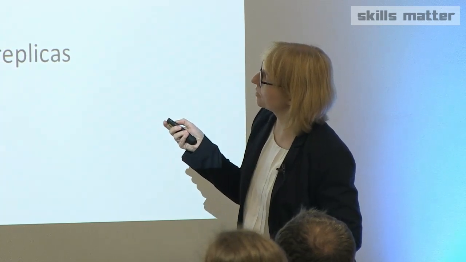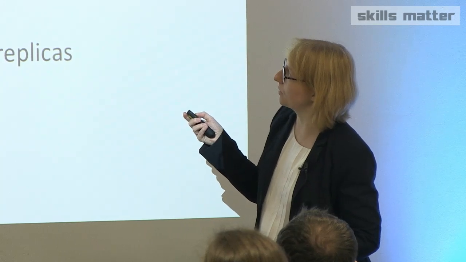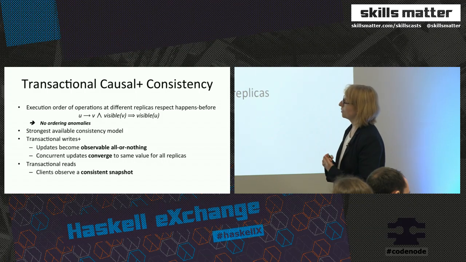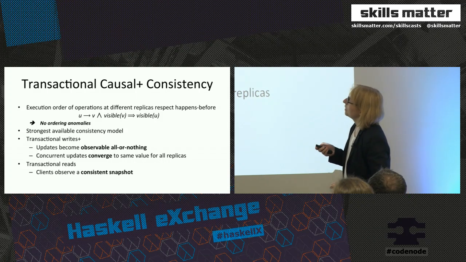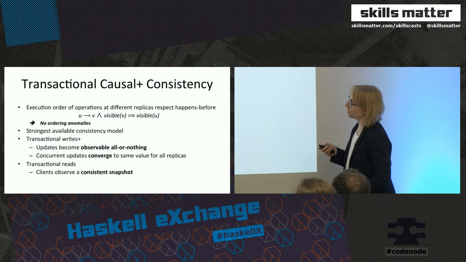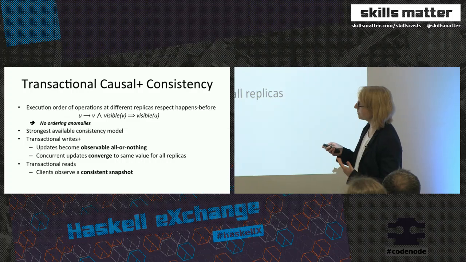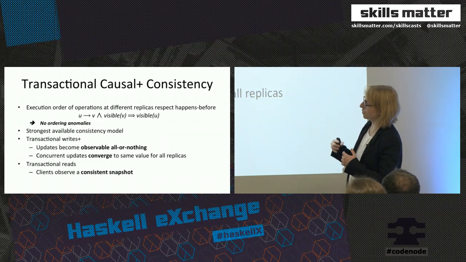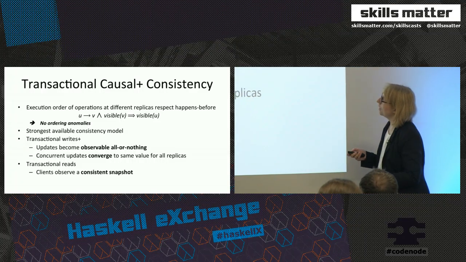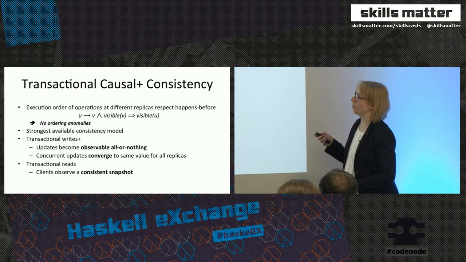An essential mechanism that we use in providing these guarantees, and also the guarantees that you see your own writes and other classical database session guarantees, is causality. So causality makes sure that whenever you have different operations happening on different replicas, the order in which the operations are made visible at the other replicas respects the happens-before order.